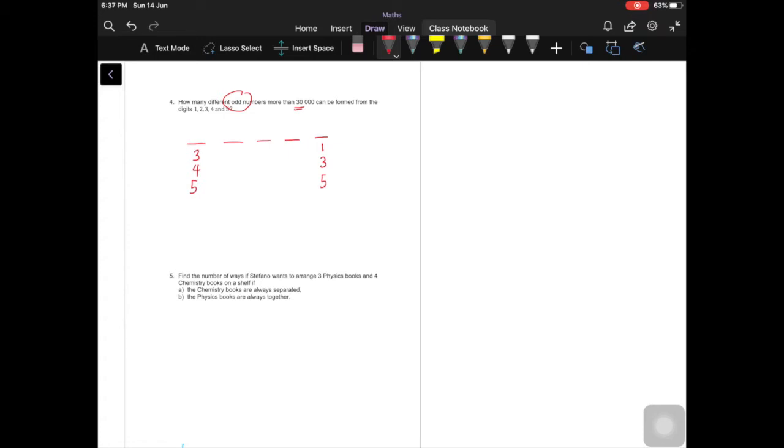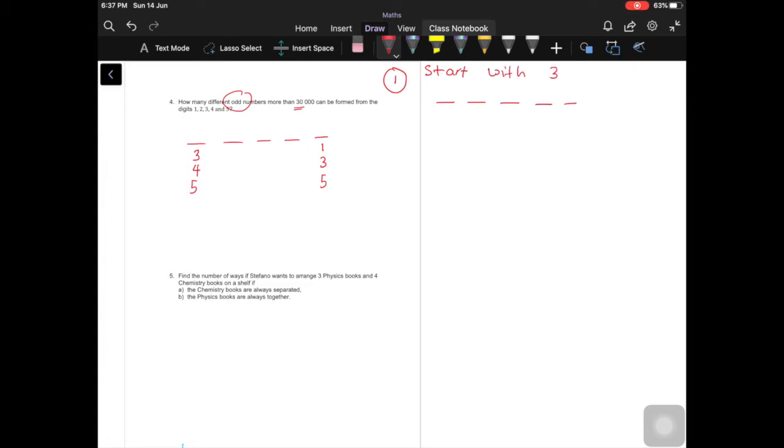The first case, we write 1, 2, 3, 4, 5. The first case we consider is that the number starts with digit 3.